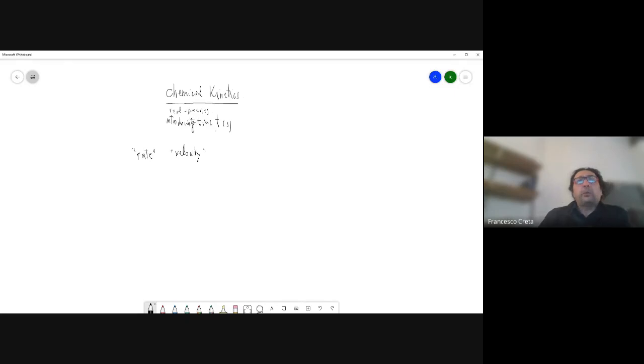So how do we define this? And this is what we're going to do right now. How do we define a rate or velocity of the reactive process, the so-called rate of reaction? Well, we know that the relative quantity of species is measured in molar concentration.